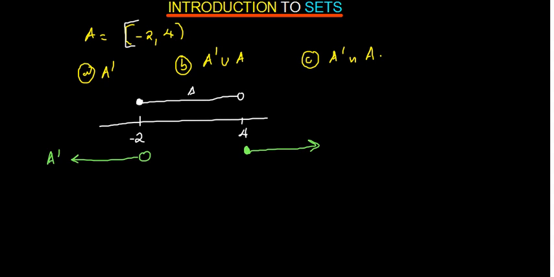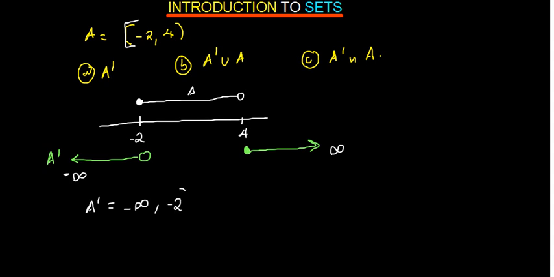So to write your A complement, when you're writing intervals, always start with the smallest number. Where the arrow is going to negative numbers, you don't know where it is going to end, so I'm going to just say negative infinity. And where the arrow is going this side, it's positive numbers, so it's positive infinity. So A complement is equal to negative infinity, and then you come and reach -2.